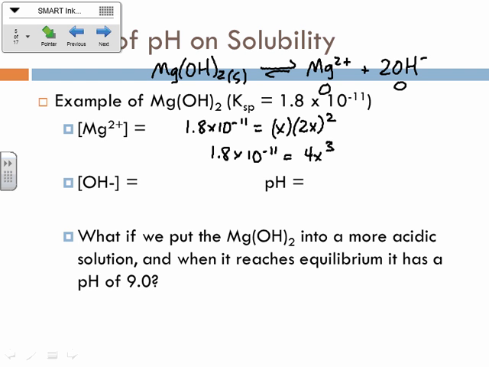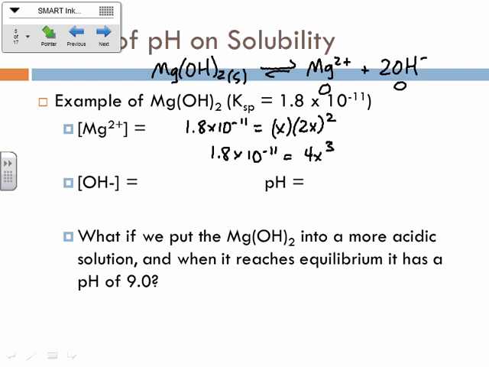If you get to that point, that's good. Just be careful, because if it's a 1 to 1 stoichiometry, it's just x squared, but if it's a 1 to 2, then it's going to be 4x cubed. So when you solve for that, your Mg2 plus concentration is going to be your x. So we've got 1.8 times 10 to the negative 11th divided by 4, and then take the cube root of that.